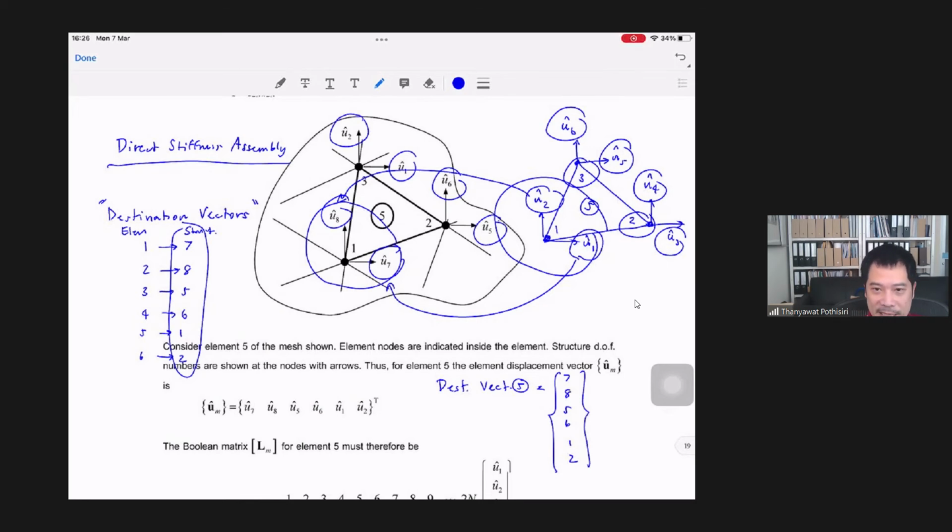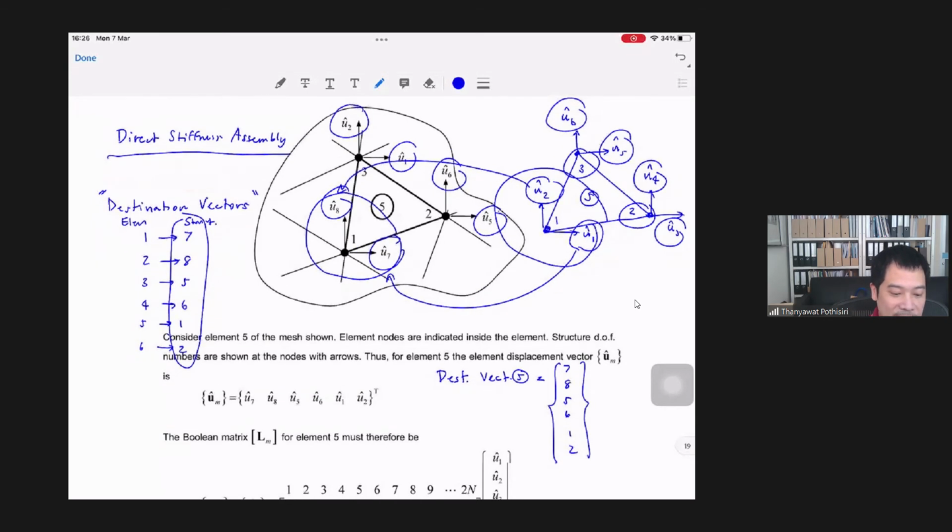Now, how do we use this for stiffness assembly then? Because you know that degree of freedom 1 of element 5 becomes degree of freedom 7 of the structure, right? So whatever is going on at degree of freedom 1 would end up at degree of freedom 7 of the structure.